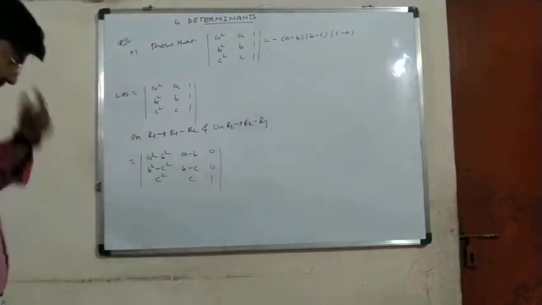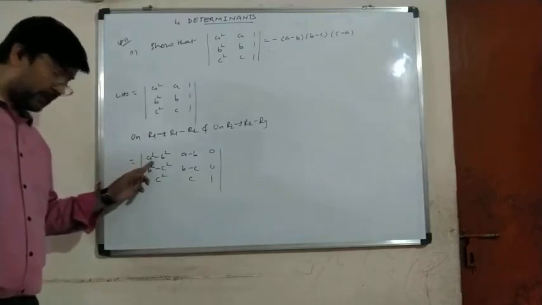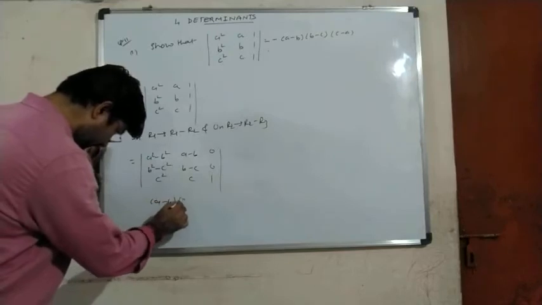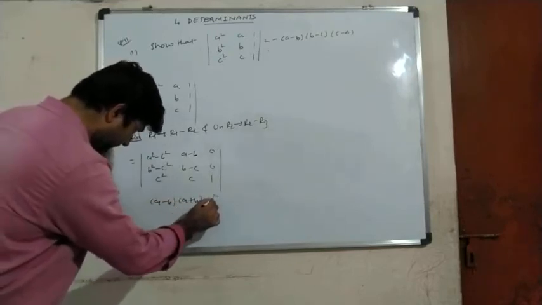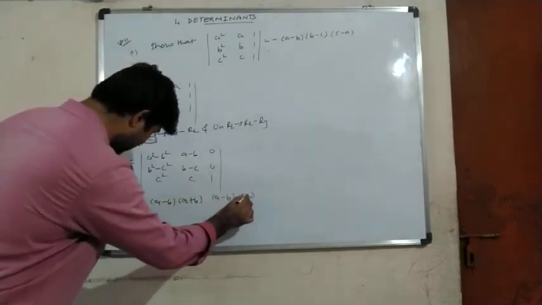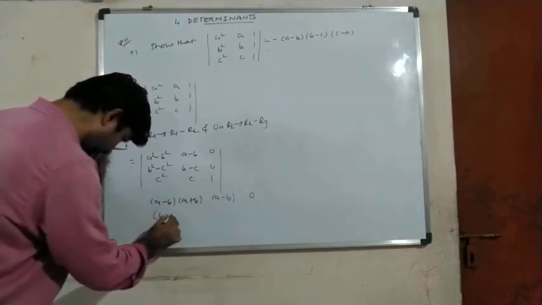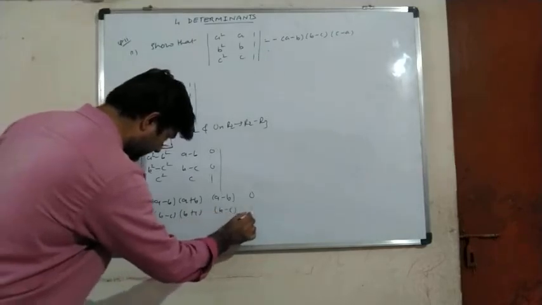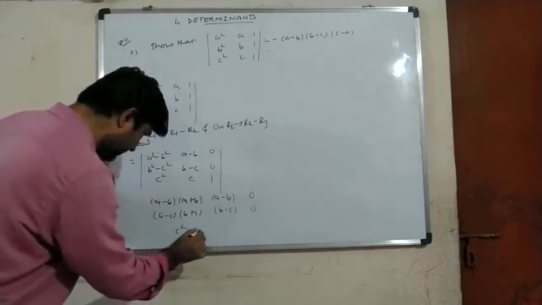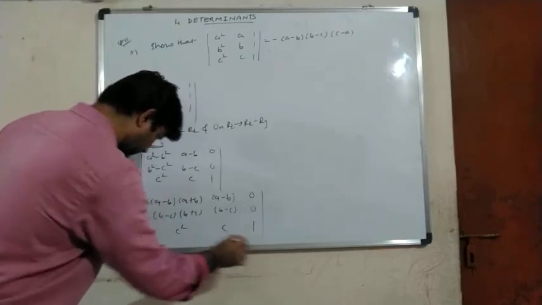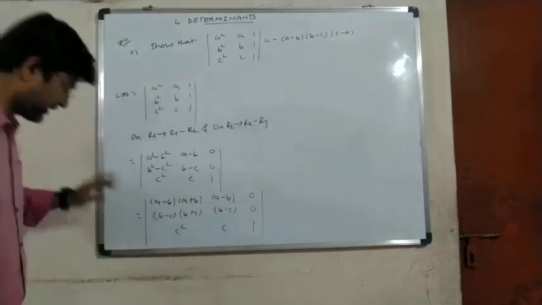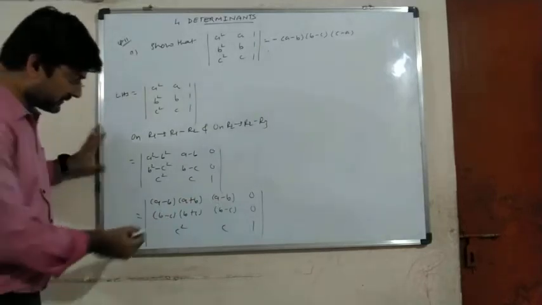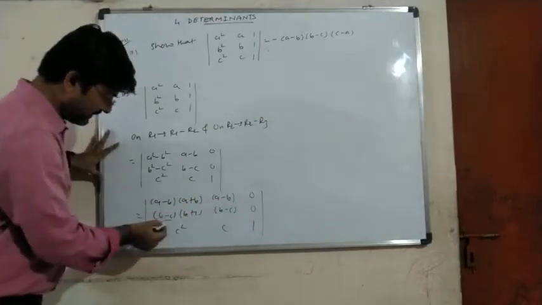If you factorize a square minus b square, we have a minus b, a plus b, and again b minus c, b plus c, and c square, c, 1. You will notice that from the first row we can take a minus b common, and similarly from the second row we can take b minus c common.